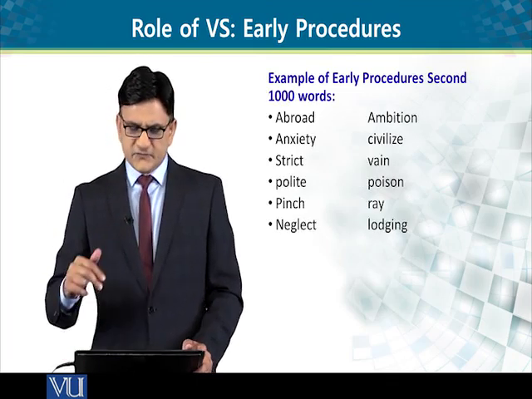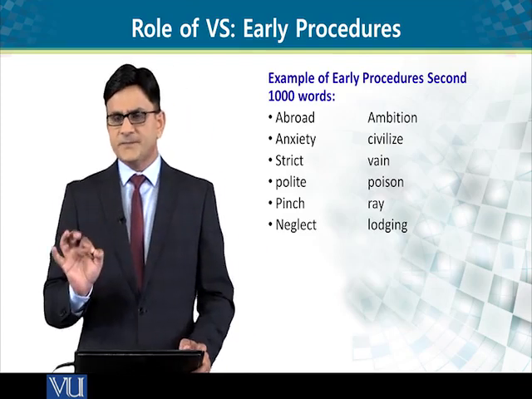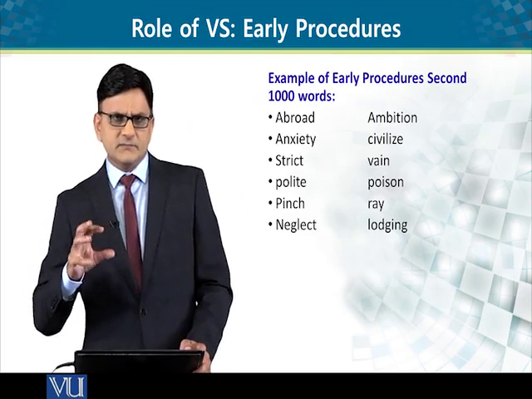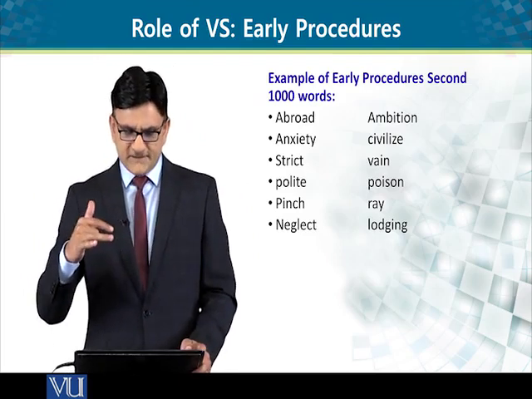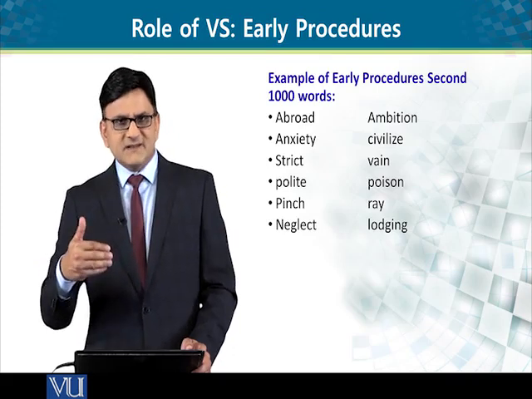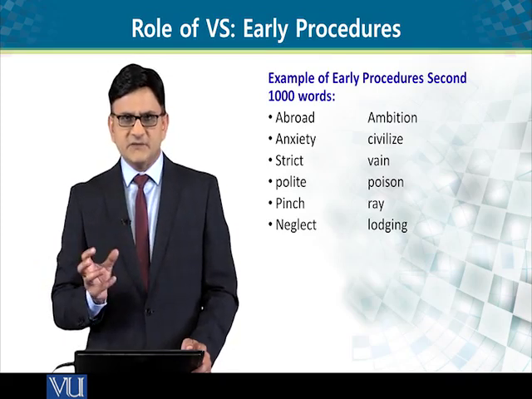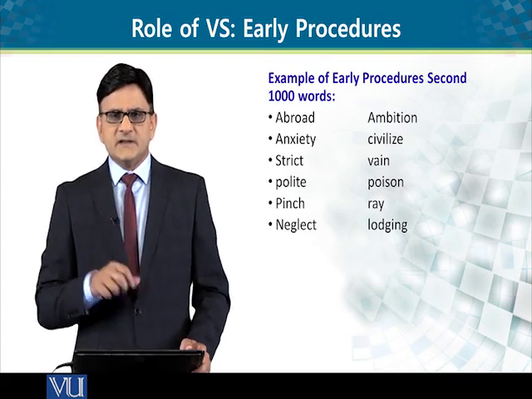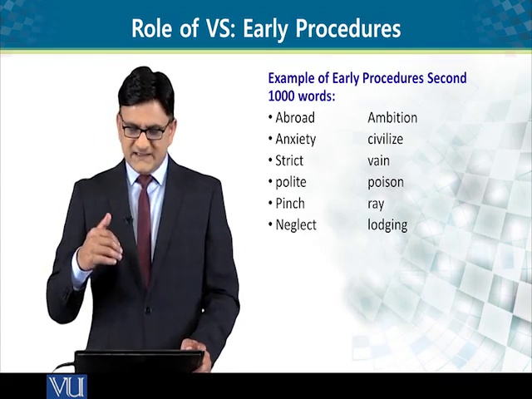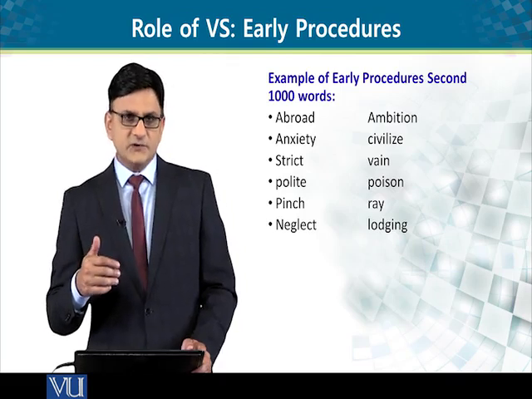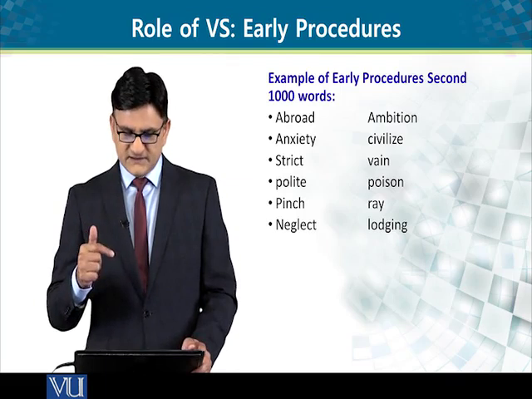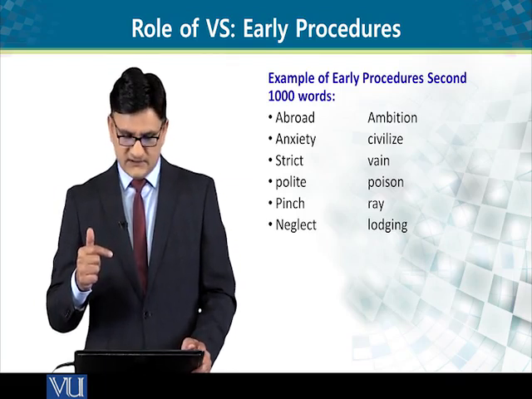And similarly, we've got another example of the second 1,000 words. These are a bit heavy words, but useful for language learning. So these were derived from existing corpus, right? So we've got anxiety and civilized, and we've got strict and vain and polite and poison and pinch and ray and neglect and lodging.